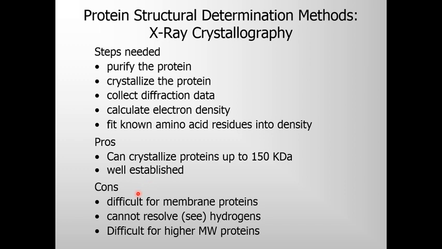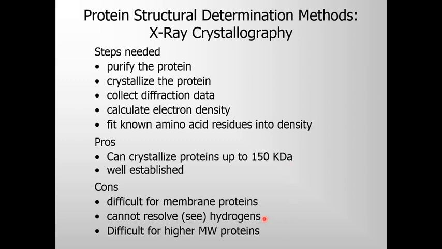However, the cons are that it's extremely difficult to crystallize membrane proteins, and you cannot resolve hydrogens. It is also difficult for higher molecular weight proteins. For proteins that are above 150 kilodaltons, it's extremely difficult.